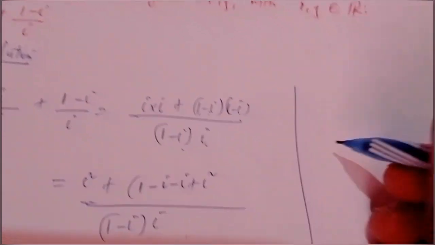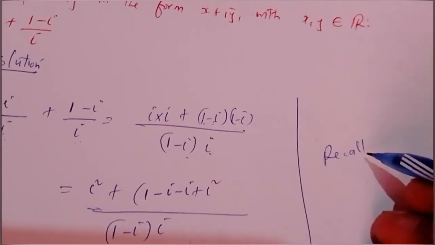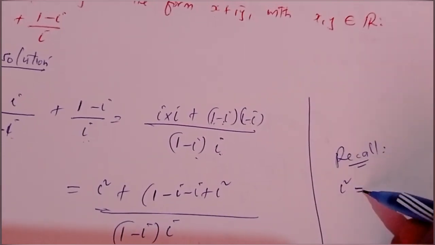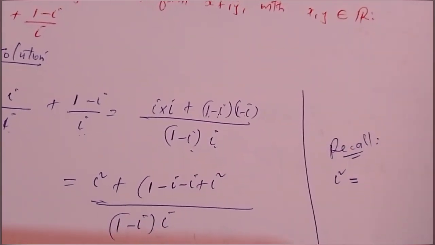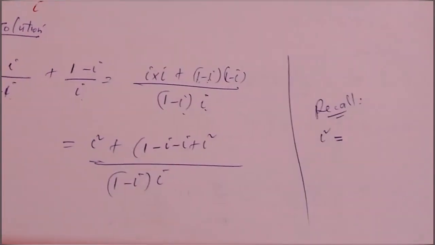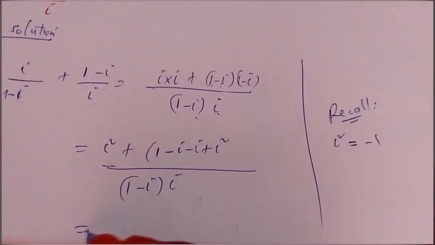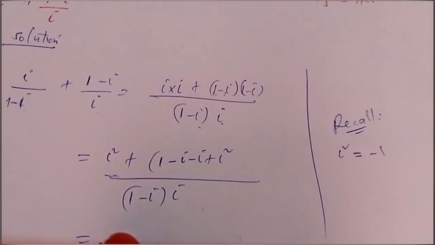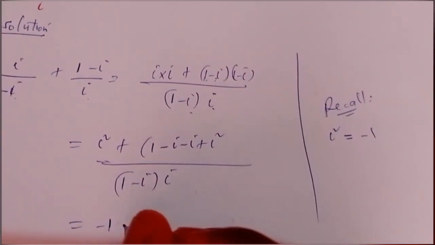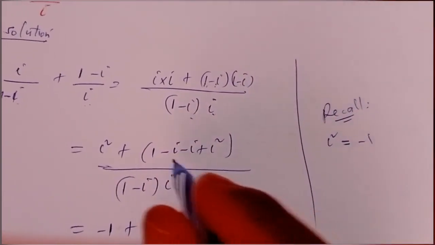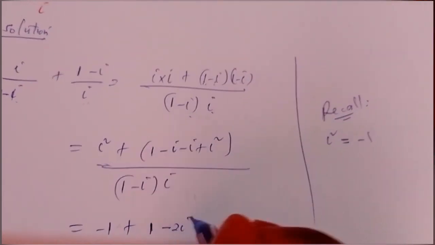Remember, recall that i squared is equal to negative 1. So here i squared will be negative 1, plus 1, and this is minus 2i.